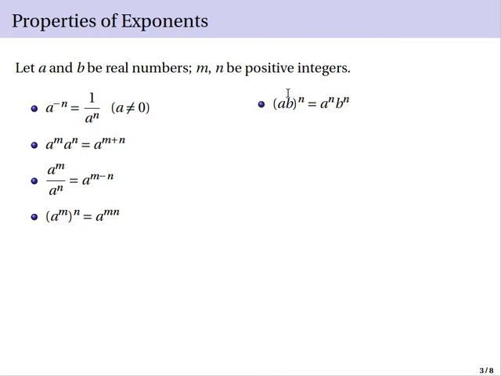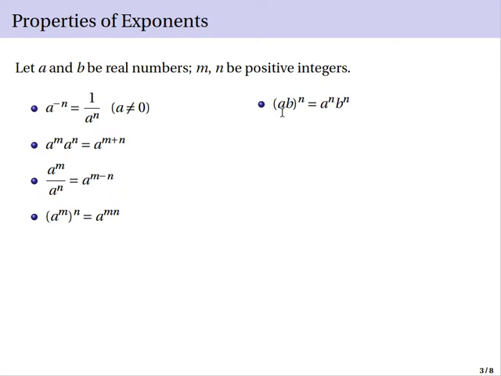Next property. Now, suppose we have two real numbers a, b, and then you multiply them, and then you raise the product to power n. So what we can do is simply multiply a to the n times b to the n. So this means that we can distribute the exponent over a product of numbers.